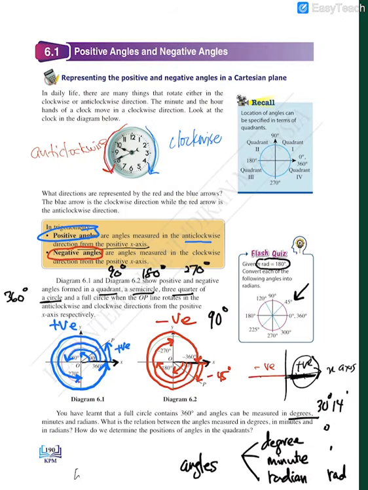Okay, given that pi radian are equal with 180 degree. So if we have 360 degrees, so for one whole turn means that we have 2 pi radian.